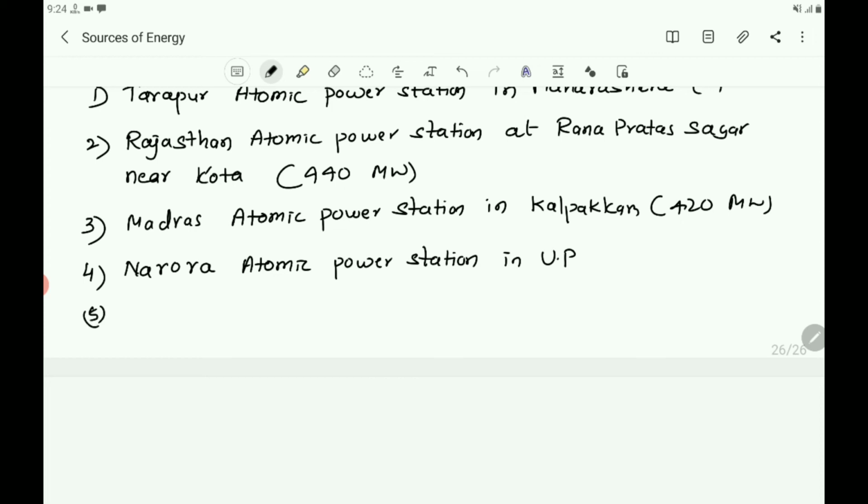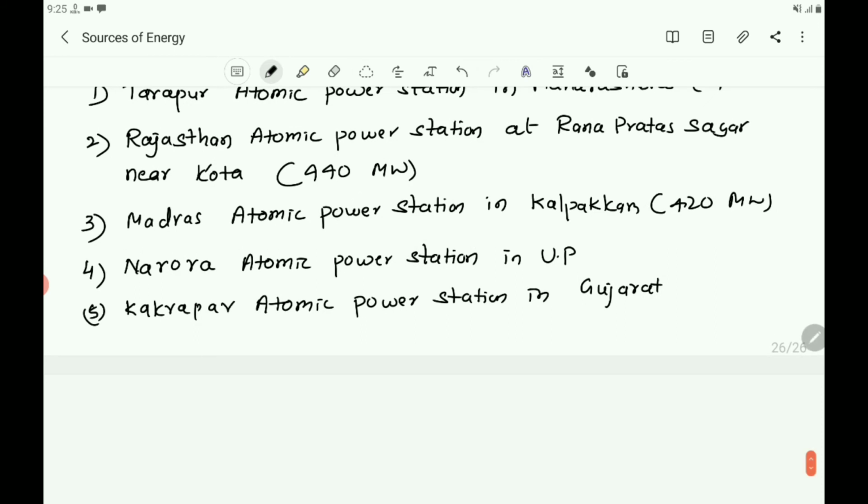Fifth one you take Kakrapur Atomic Power Station in Gujarat.